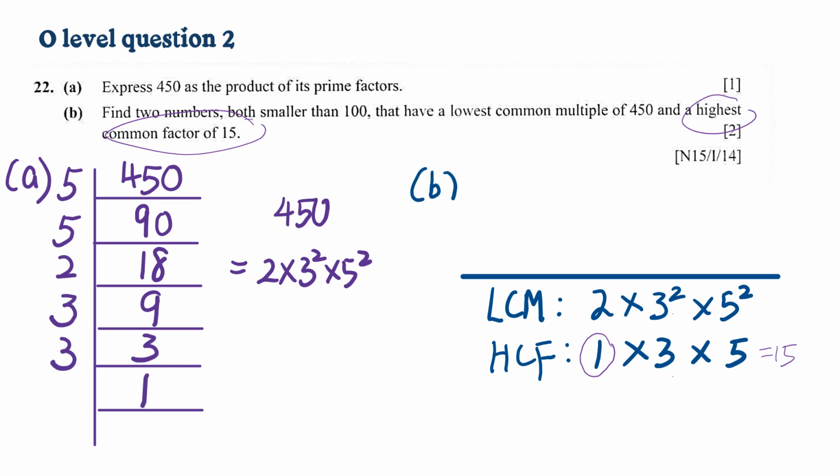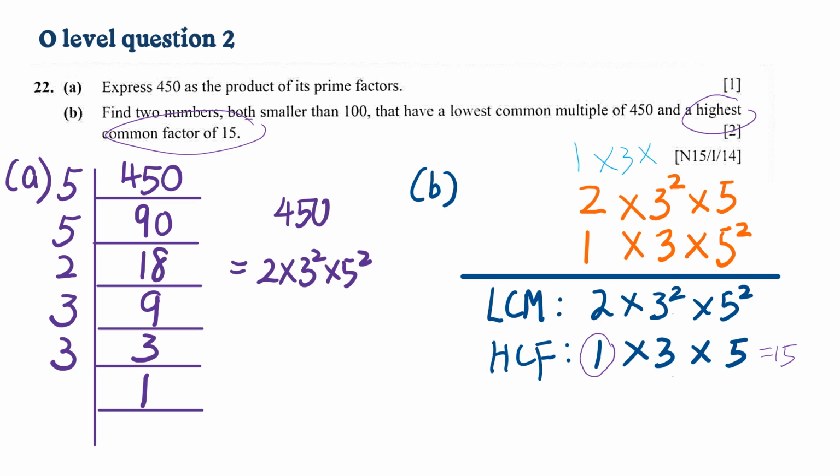So one possibility will be, okay, you can have other possibilities like what I've mentioned earlier on. Instead of having this 2, you can have 1, and instead of having this 3 squared, it is 3, and instead of having 5, it is 5 squared. However, that will give you 1 times 3 times 5 squared.